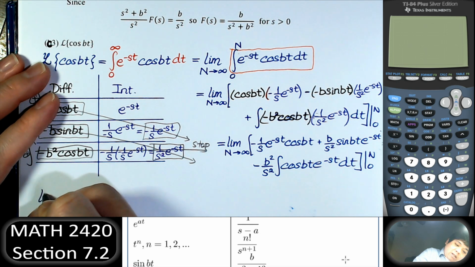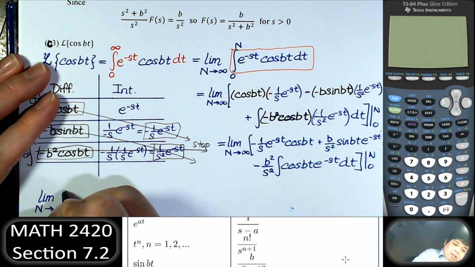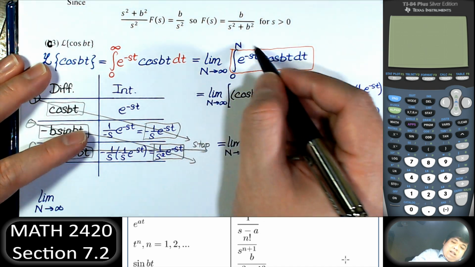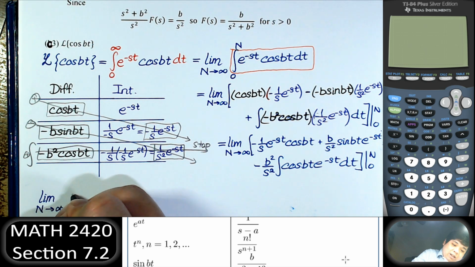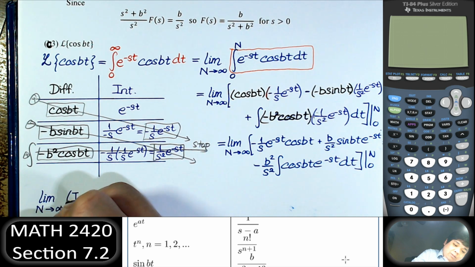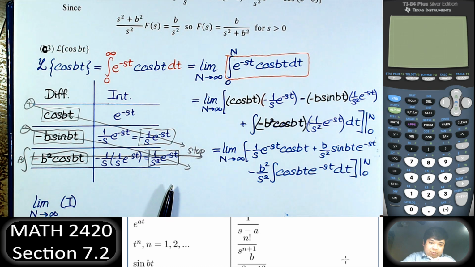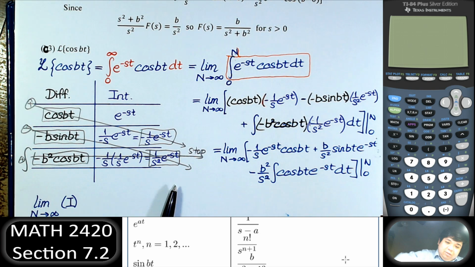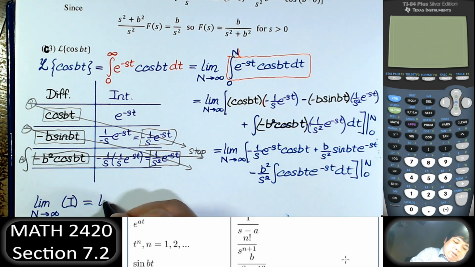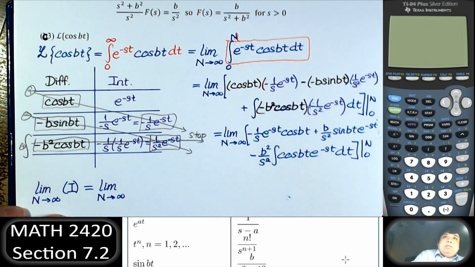Swap the limit as n goes to infinity of, let's say, that integral I. Now including the limit, of course, it will be equal to the limit as n goes to infinity.